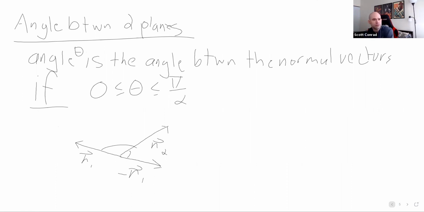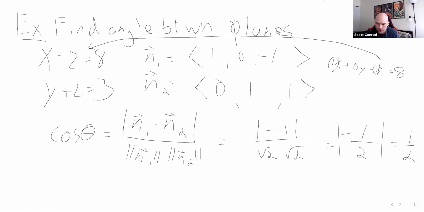Now the angle is acute. That's what we want. And when you take the dot product of negative N1 and N2, you're getting negative the original dot product. And if you got something negative, you're just taking the absolute value there. Does that bit make sense?